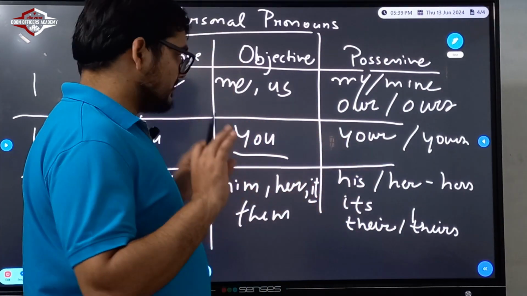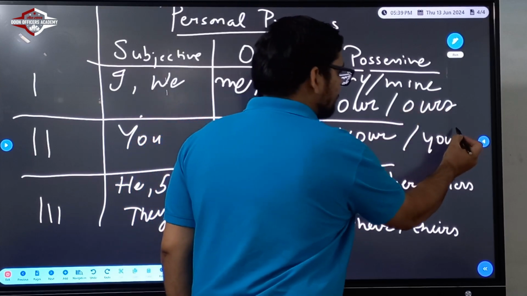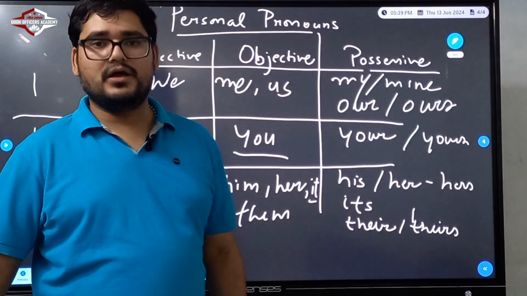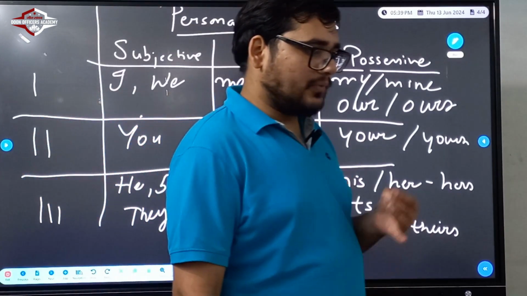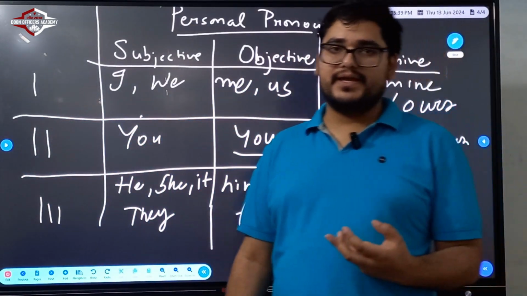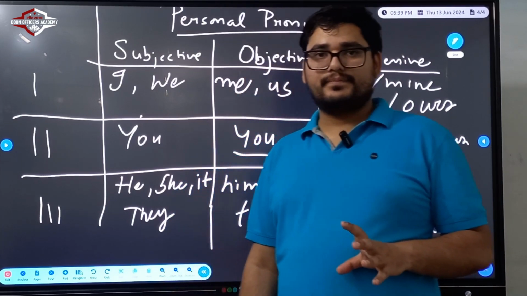Now, the first thing you need to keep in your mind is that you will never use an apostrophe sign with S here before S. Please note, what is the usage of apostrophe S? We use apostrophe S in nouns to make them possessive case.